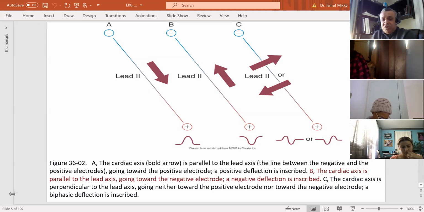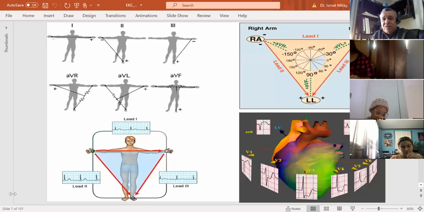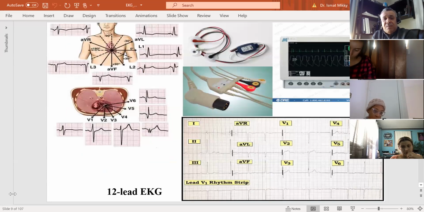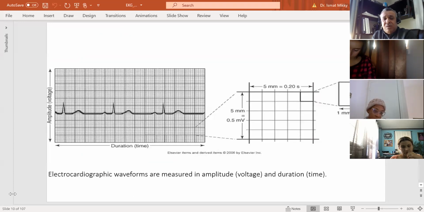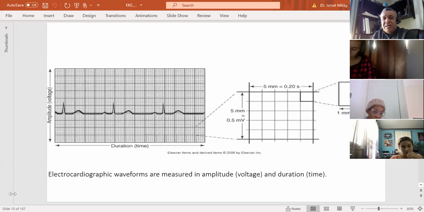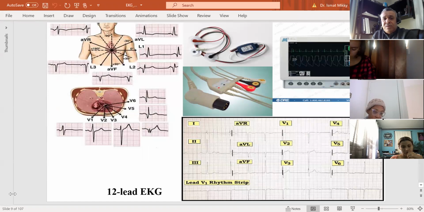This might apply to the 12 lead EKG, not the one lead EKG. The one lead we are going to use and adopt as our best lead to analyze our EKG will be lead 2, which is this one.